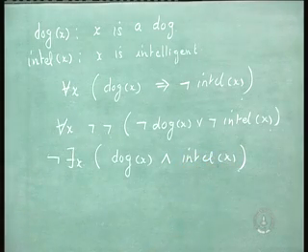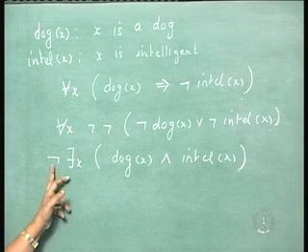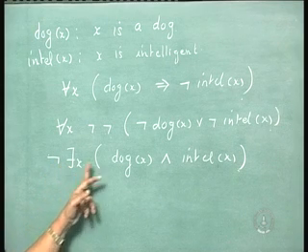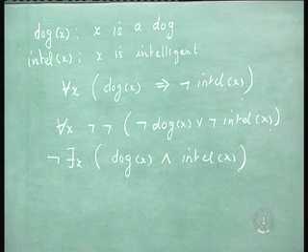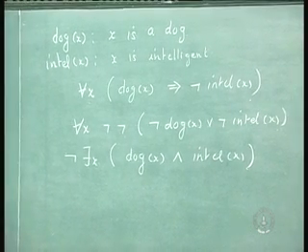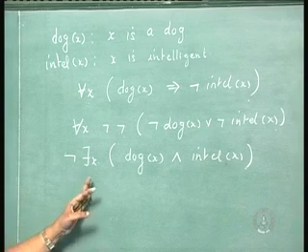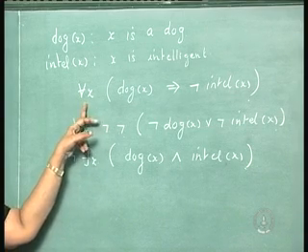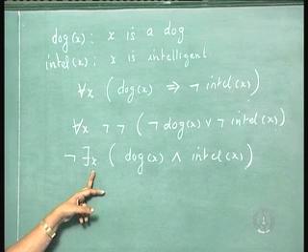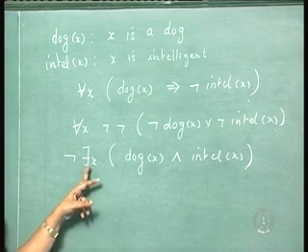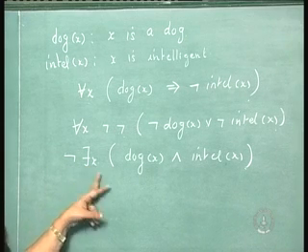So, you have to read it this way: not there exists x, dog of x and intelligent x. That is, you do not have something which is a dog and intelligent. So, the same statement you are expressing using universal quantifier but not existential quantifier here, and using existential quantifier but not universal quantifier here.